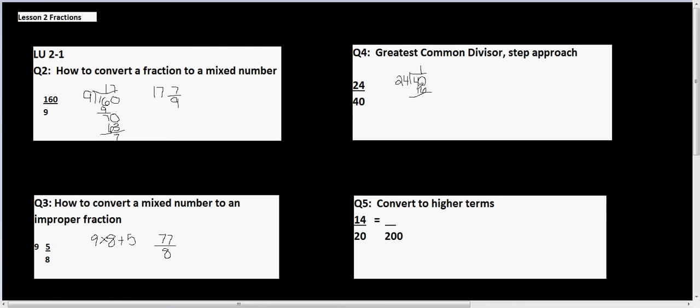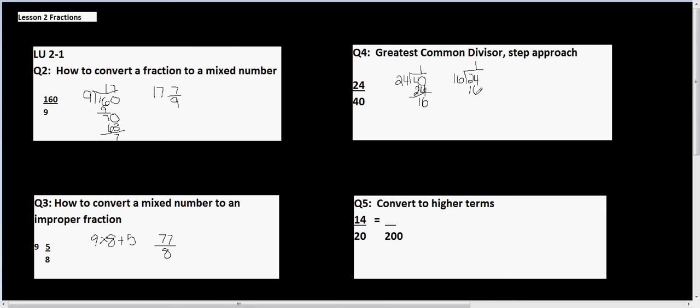Sorry, this should be a 24 here. 16 left over. Okay, what do we do now? Well, we take that 16 this time and we divide that into 24. And we continue on in this way until we end up with 0. 16 will go into 24 one time.